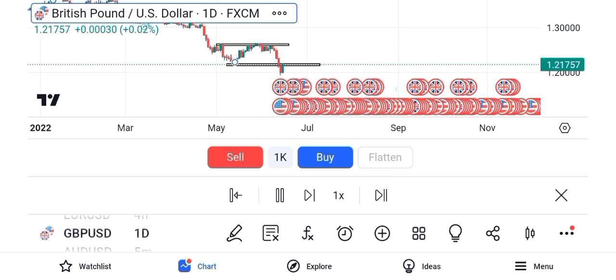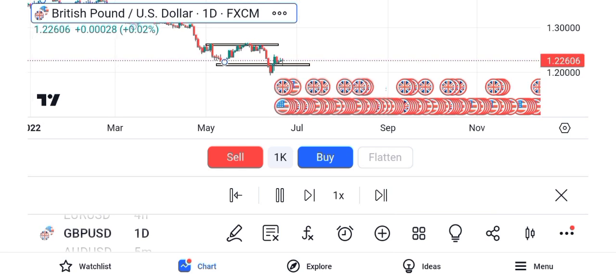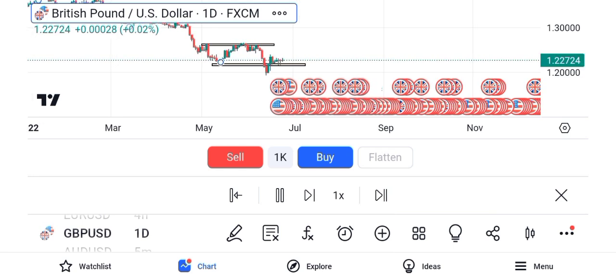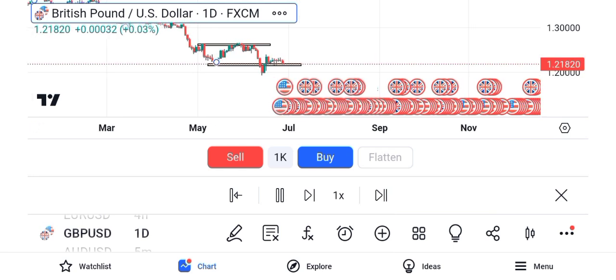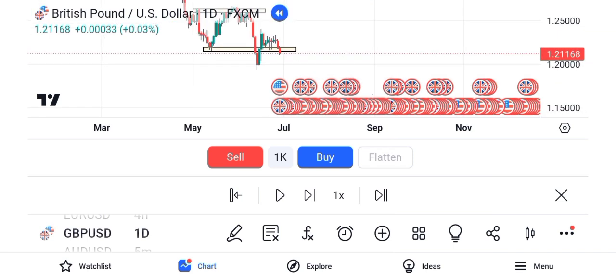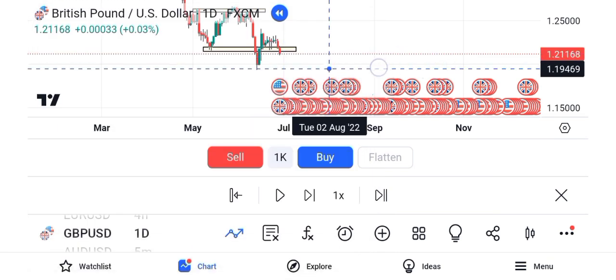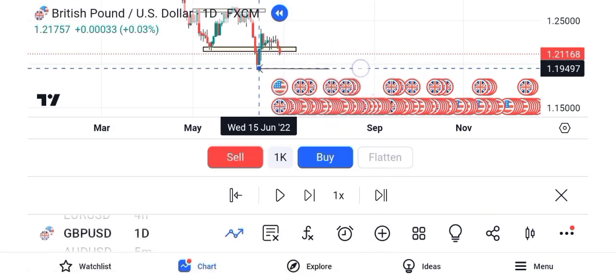Wow. So let's see. Now you notice that we have another swing point here. Here is a swing point.